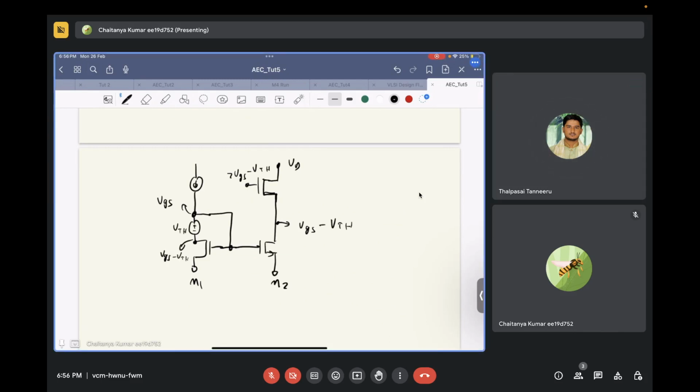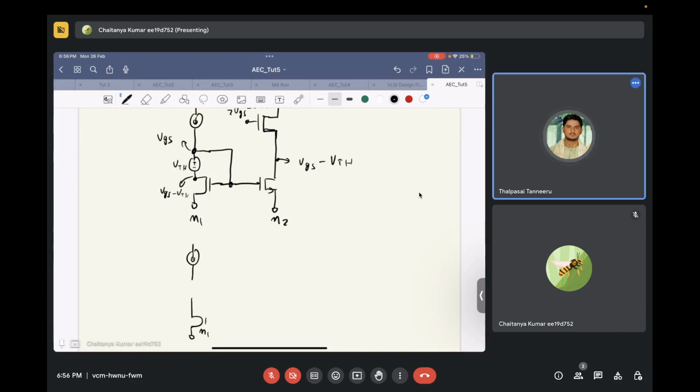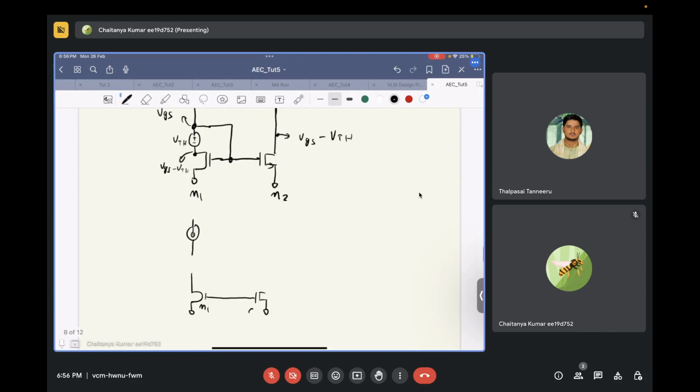Okay, so how I will do it is, this was 2 VGS minus VTH. This was, let's say, M3, and this was VD.